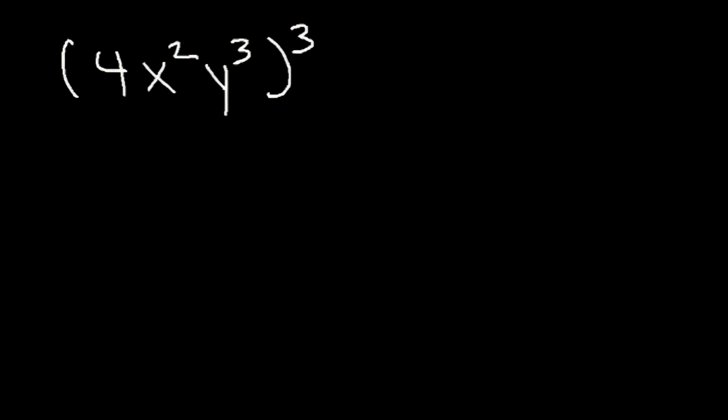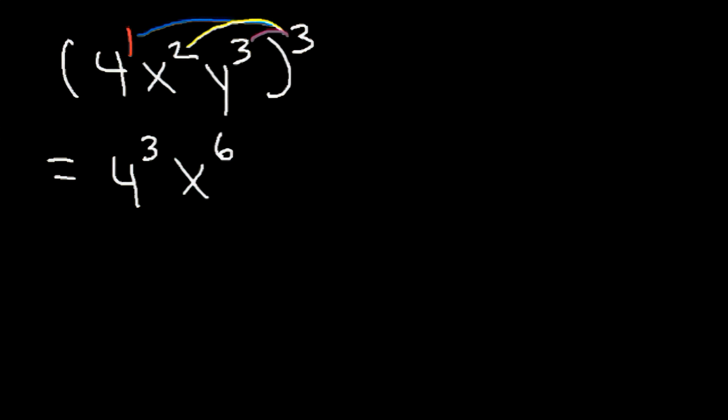Let's try another example. Try this one. What is 4x squared y to the 3rd raised to the 3rd power? So 4 is the same as 4 to the 1st power. So let's distribute the 3. 3 times 1 is 3. 3 times 2 is 6.